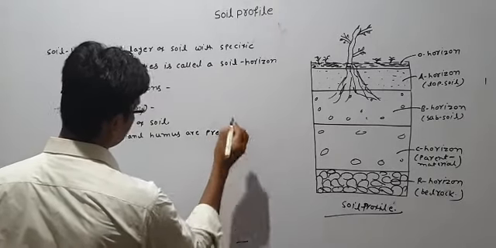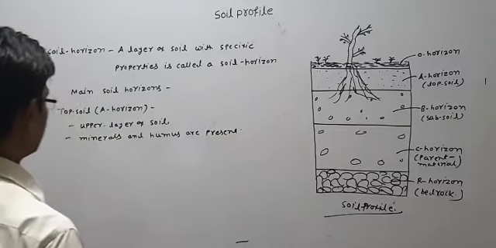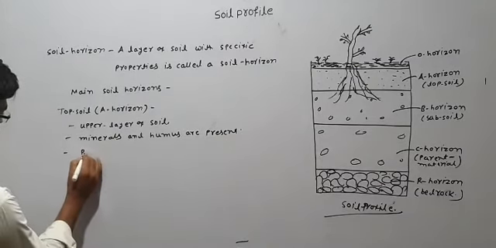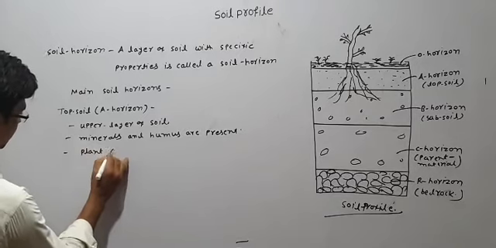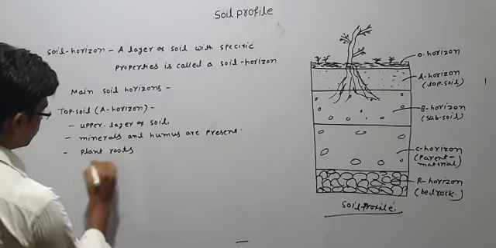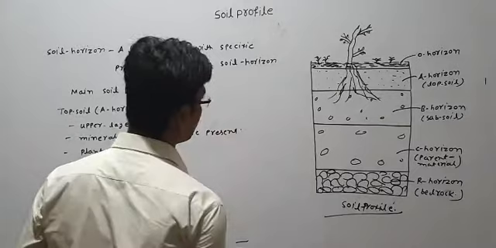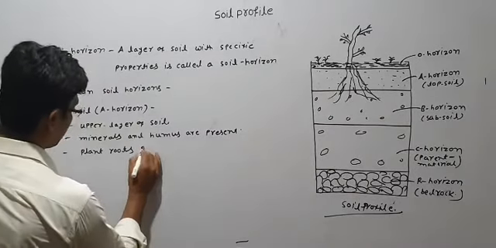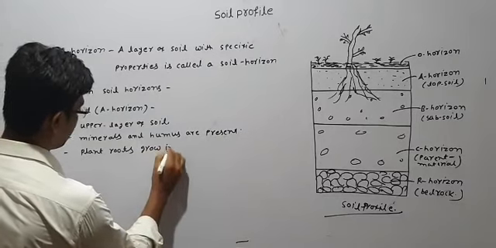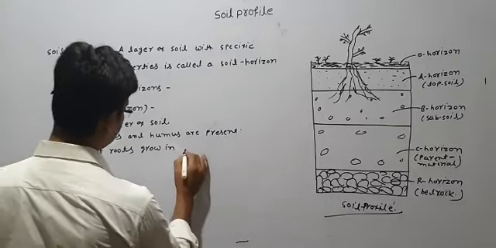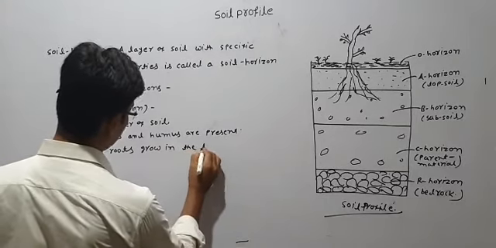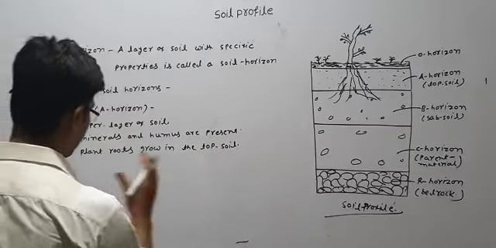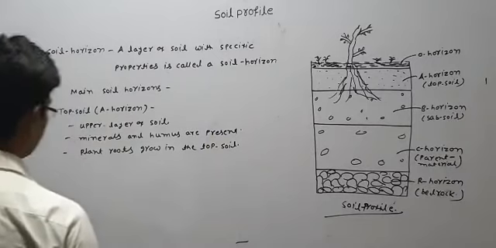Okay, so minerals and humus are present. Plant roots, we are discussing about A horizon, that is topsoil. So plant roots grow in the topsoil. You have to remember this, these are the important qualities what I am writing.